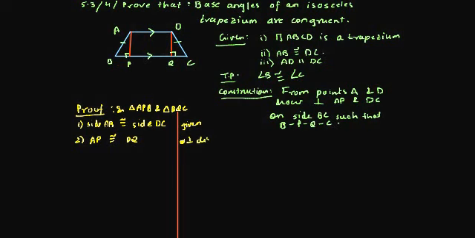Perpendicular distance between two parallel sides are equal. And the third one is angle APB is congruent to angle DQC. Each is 90 degrees.